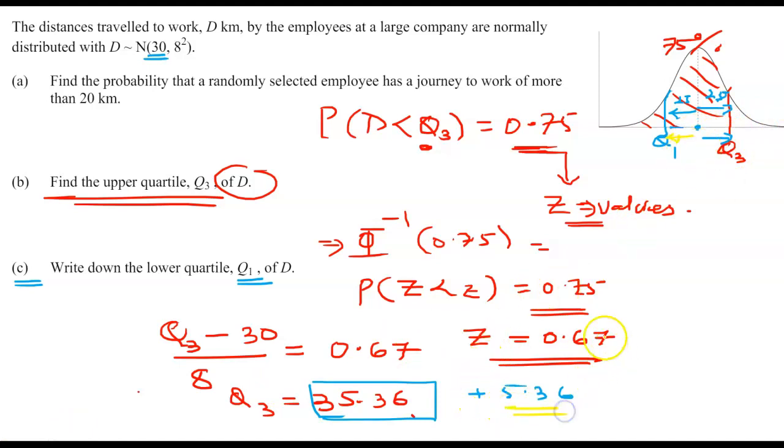So Q1 is equal to 30 minus 5.36 because it is symmetrical. If Q3 is 5.36 above, Q1 is 5.36 below, and when you subtract, you have your answer: Q1 is 24.64.